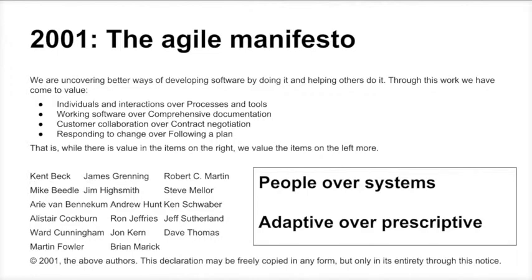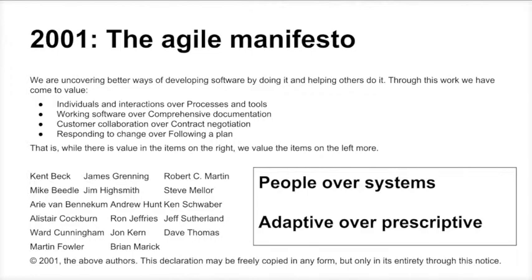I do want to point out, though, that the manifesto does not say that processes and tools, documentation, contracts, and plans should be jettisoned altogether. Just that they should be subservient to the more human aspects, with reliance on personal talent and skills over those kinds of formalities.